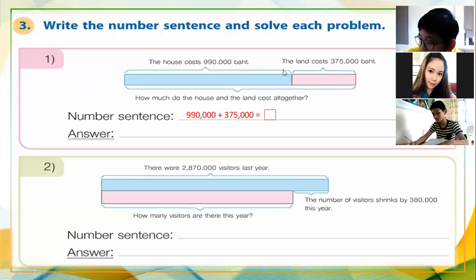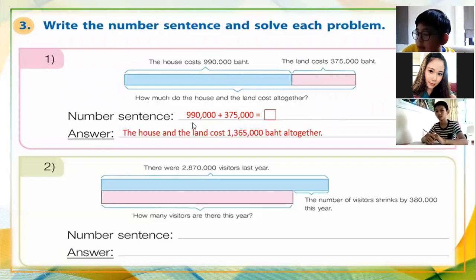If we add both costs, we will have the cost of the house and the land together. So 990,000 plus 375,000 gives the answer: the house and the land cost 1,365,000 baht altogether.